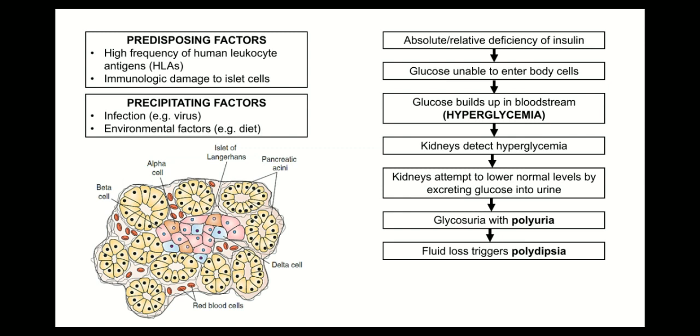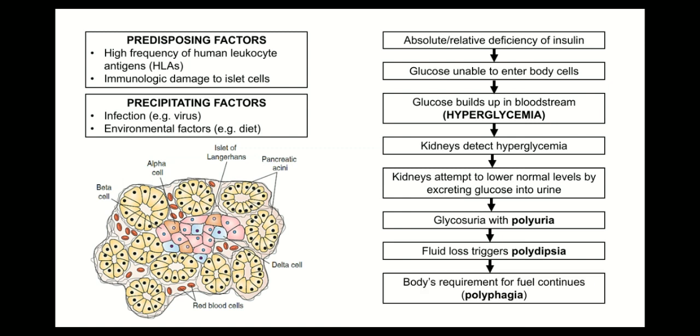So the body triggers polydipsia, which is excessive thirst. The body will think, I need to drink a lot of fluids. I need to replace those that I have lost.